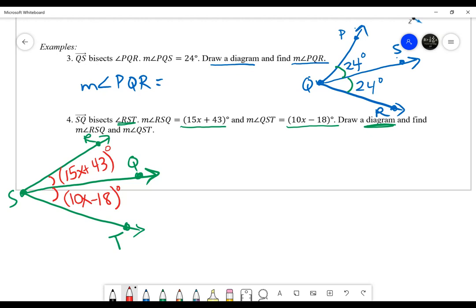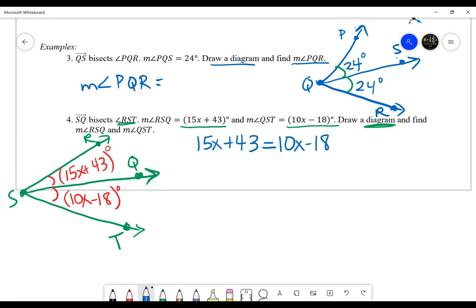So, we don't have any specific numbers, except we do know that they are the same. So if they're the same, we can use an equation. It's going to be 15x plus 43 equals 10x minus 18. If they're both the same, then they're equal to each other.